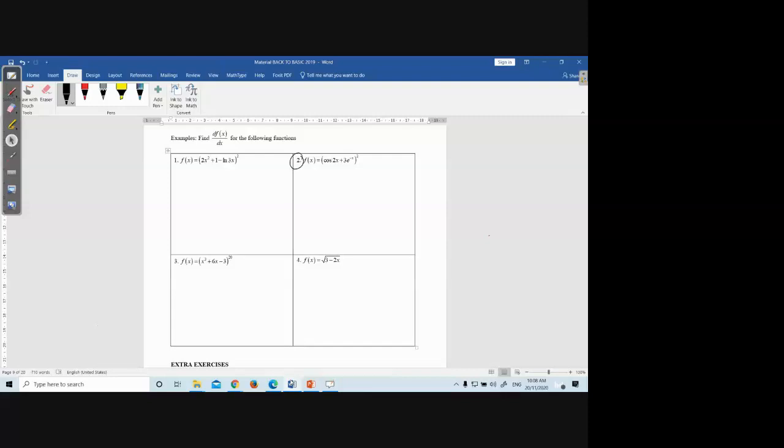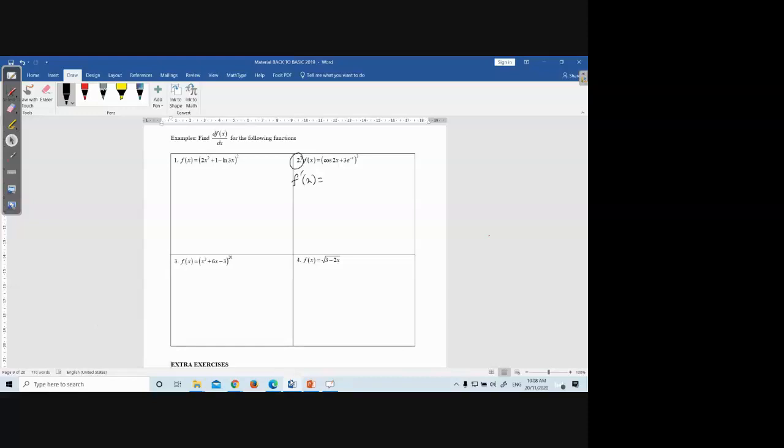The easiest way is we actually can directly input this. Negative 4 sine 2x. That's wrong, Madam. You write your final answer.